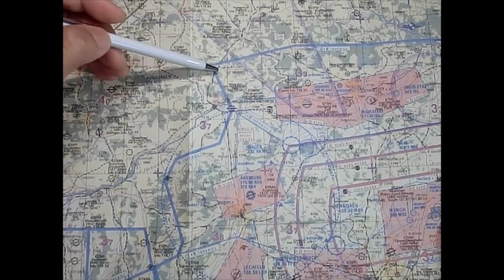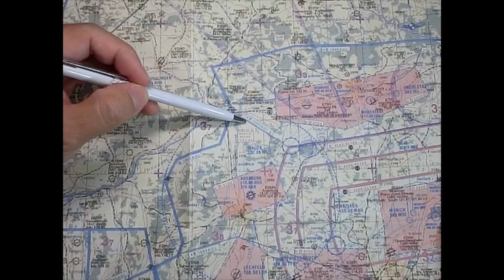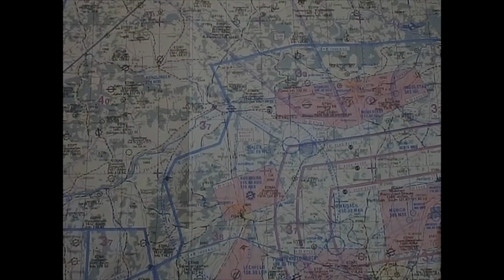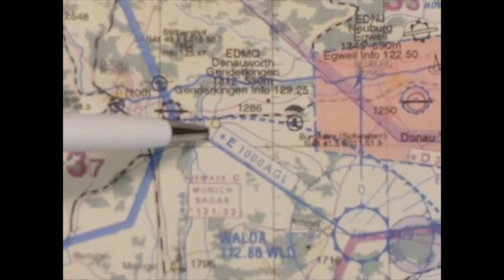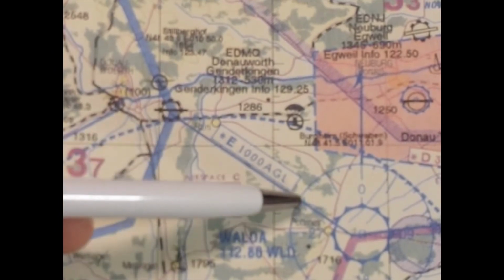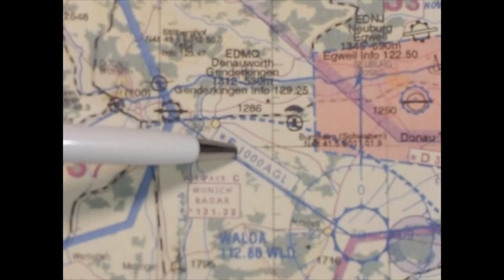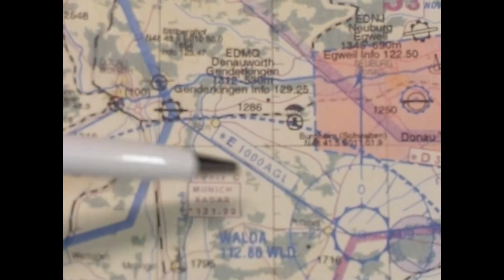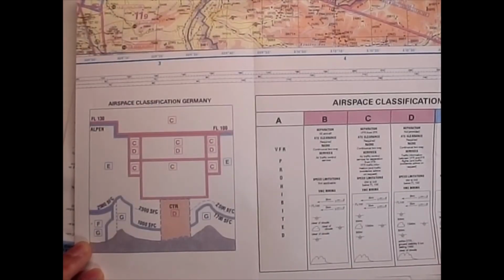So Class E airspace ends at 10,000 feet, but the lower limit of Class E airspace, in this case, commences at 1,000 feet AGL. So we know Class E airspace in this particular area is for 1,000 feet above ground level all the way up to 10,000 feet. And that is how we use the airspace classification.